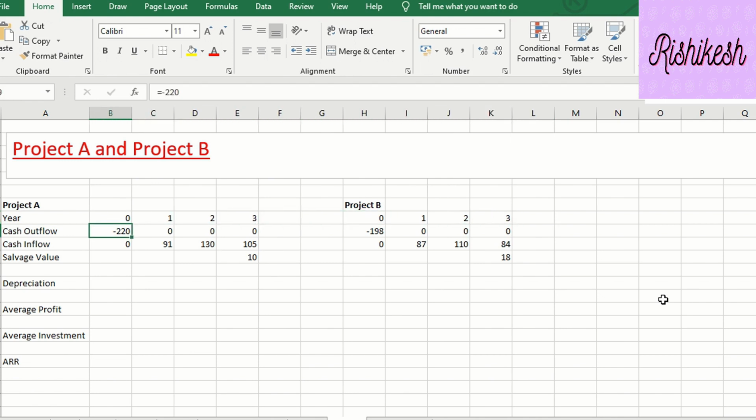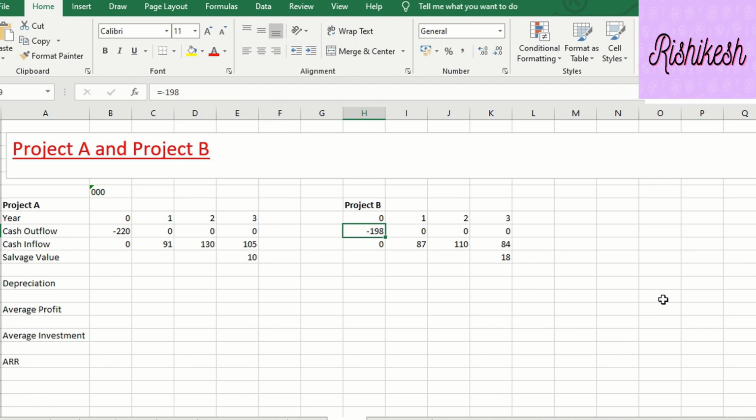Now for project A, there is a cash outflow of 220. Now all the numbers are in thousands, so this is what you have to remember. Cash outflow means there was some investment done in the beginning. So that is why there is a cash outflow of minus 220 at the 0th year, meaning in the beginning.